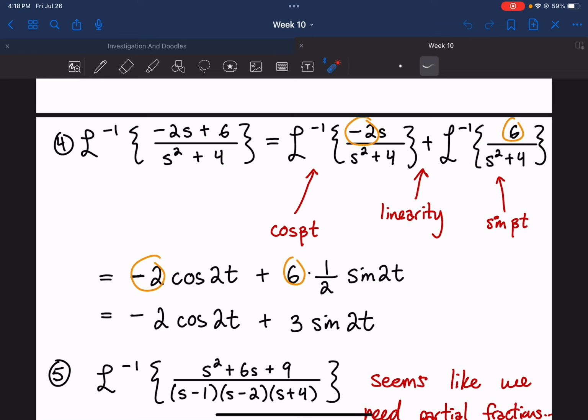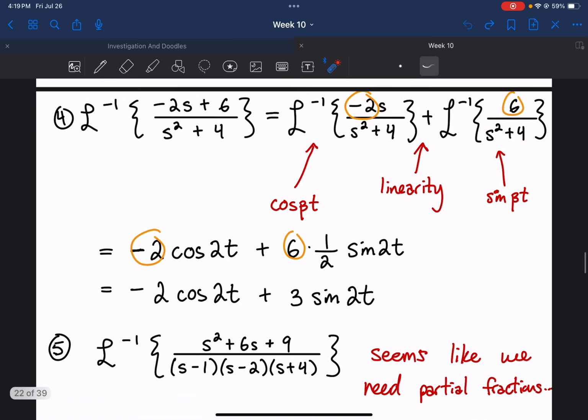That's where this 1/2 comes from. This 1/2 comes from compensating by multiplying by 2 over 2. Multiply and divide by 2. So you can take this to be sine 2t. And that's it.